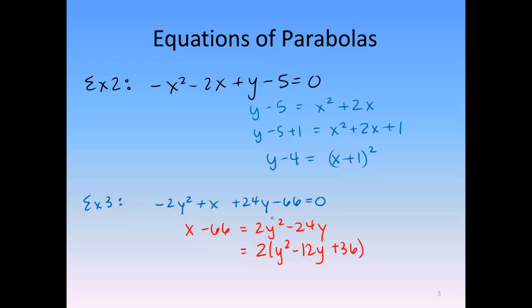If this was a negative 2 that I was factoring out, I'd have to remember that I'm actually subtracting 72. But it's positive, so we're adding. So I'm going to have x minus 66, but I'm going to add on my 72, and that came from 2 times 36. So over here, if I look at that, I'm going to have x plus 6 equals 2 times the quantity of y minus 6 squared. And that is my final answer.